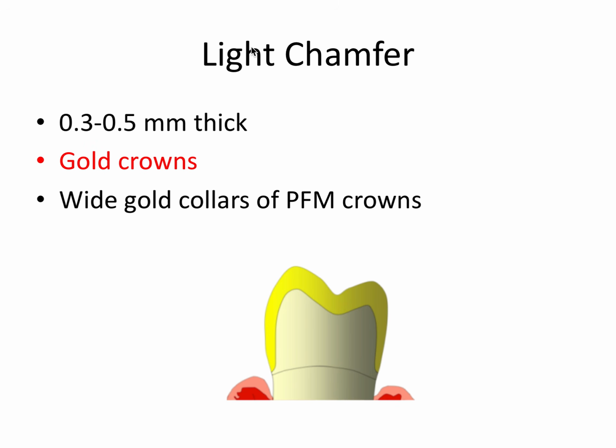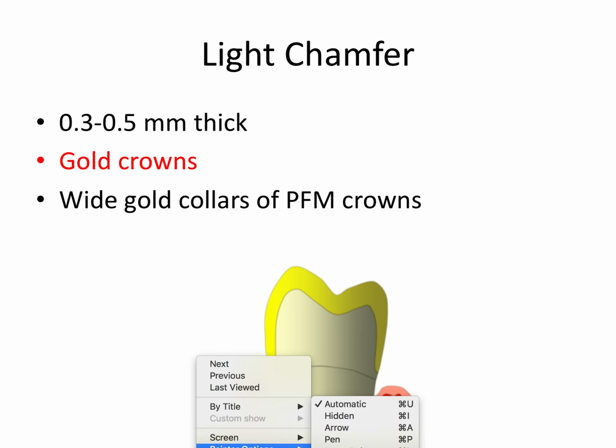Light chamfer is just a little bit more removal of tooth structure. It's about 0.3 to 0.5 millimeters thick, often used for gold crowns, which can be quite thin, and wide gold collars of PFM crowns. So here we can see it still gently tapers out, but there's a little bit more definition along the bottom, right along the margin there.